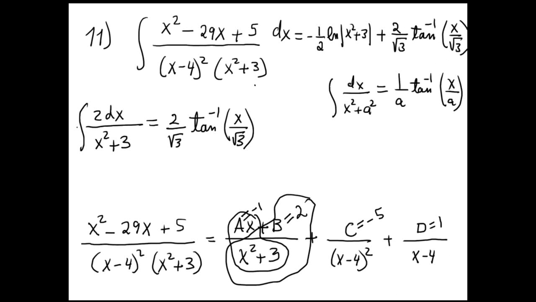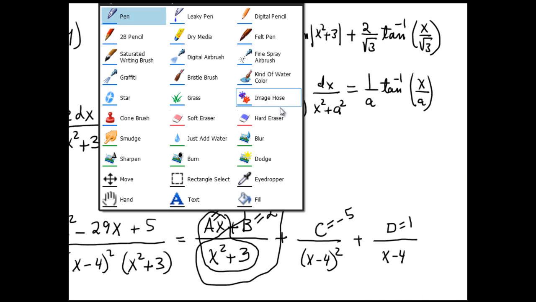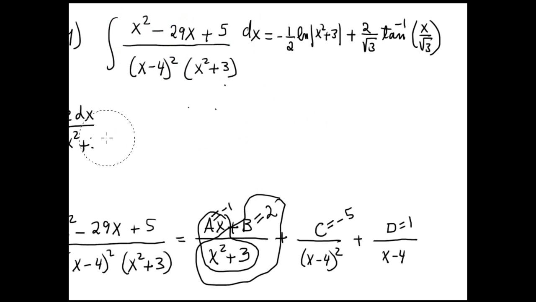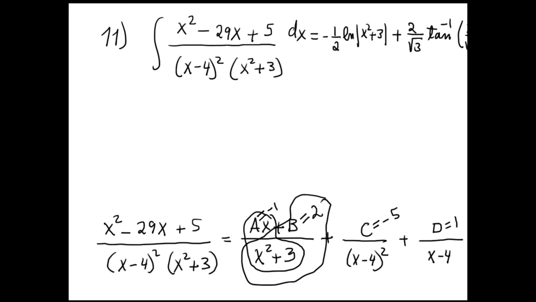Okay. Well, I erase that part. Okay. The rest is pretty easy. The rest is integral negative 5 dx over x minus 4 raised to the second power. But in this case, substitution again. x minus 4 equals u, dx equals du.